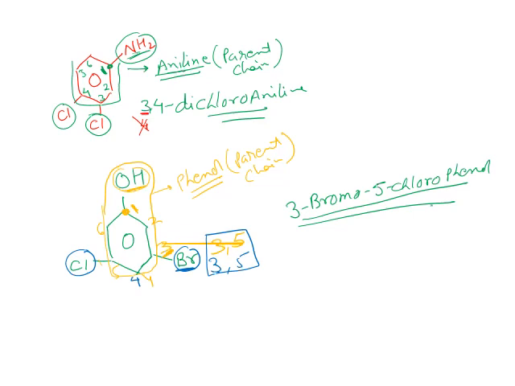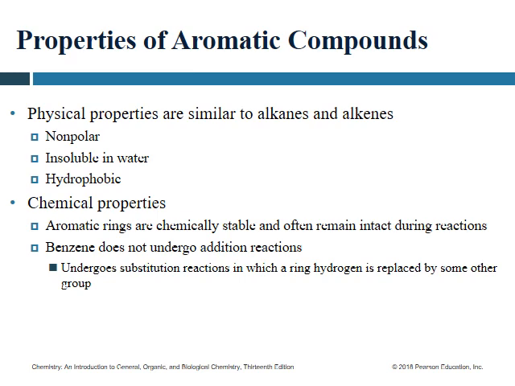So this is the name for this compound. So make sure you practice about this kind of compound of benzene, and then practice as much as you can for this compound. So now let's talk about the properties of aromatic compound.